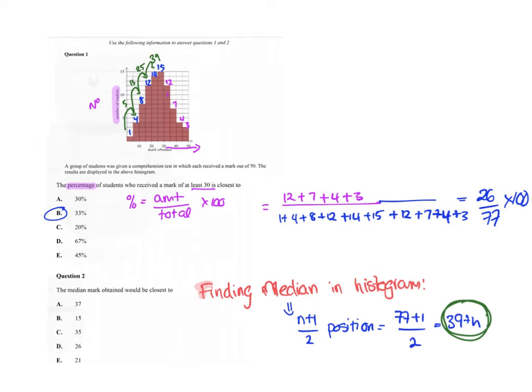So I've hit the 39th spot. So it's right on here and here. And they're saying, so it'd be roughly between 25 and 30. So there should only be one number between that, 25 and 30, and it's D, okay? So that's how we find.